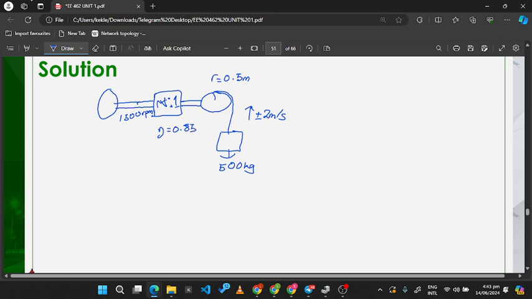So for the first one, we are supposed to calculate the gearbox ratio, which will be given by omega_m over omega_L. We can find omega_L by V over R, which is 2 over 0.5, and this is 4 radians per second.